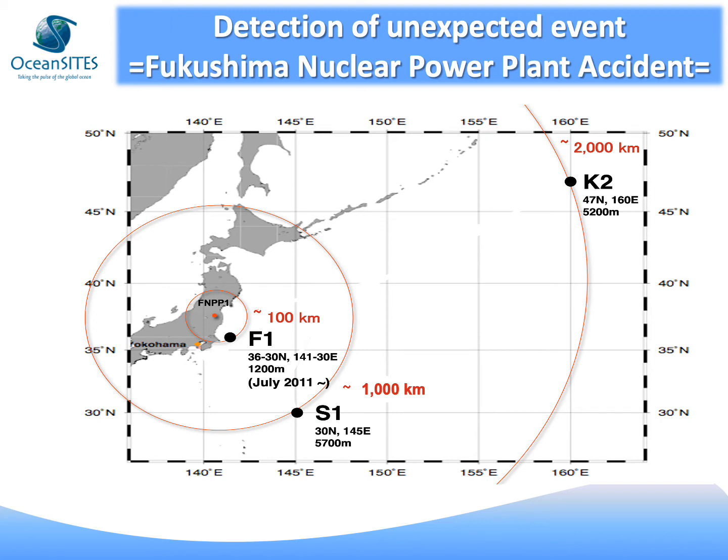In addition, we started time series sediment trap observation at 500 meters and 1,000 meters at station F1, about 100 km southeastward of the nuclear power plant, in July 2011, 4 months after the accident.